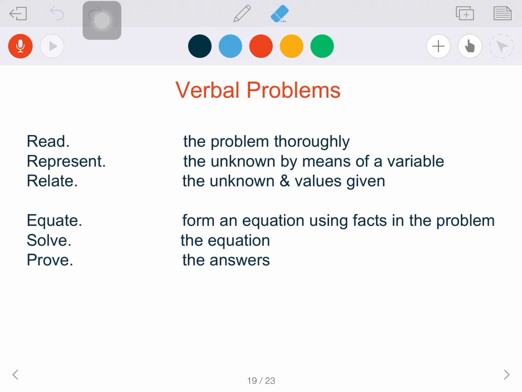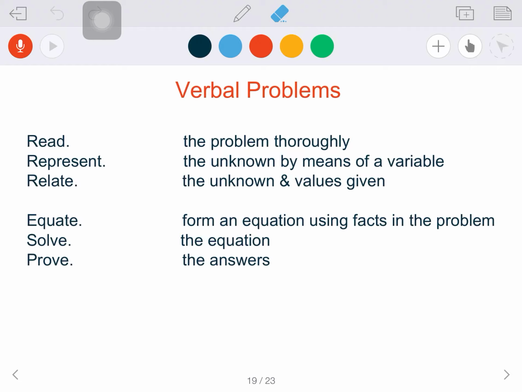Right? So, hello everyone, and we're going to go over once again our discussion earlier with regards to verbal problems. And as I've mentioned, this part of the lesson is where we apply our skills that we've learned in solving our equations and inequalities and applying the principles that we've discussed.